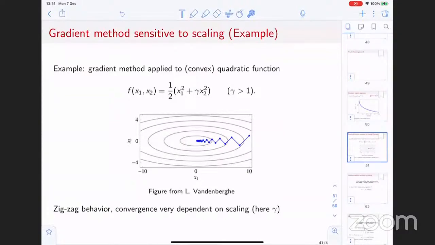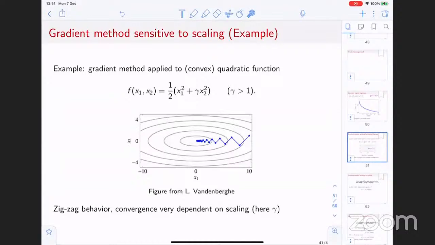This figure, which I borrowed from slides of Lieven Vandenberghe from UCLA, shows the gradient method applied to a convex quadratic function in the plane, in R2, so you just have two variables. The minimum of the function is at the origin, the center of the figure.